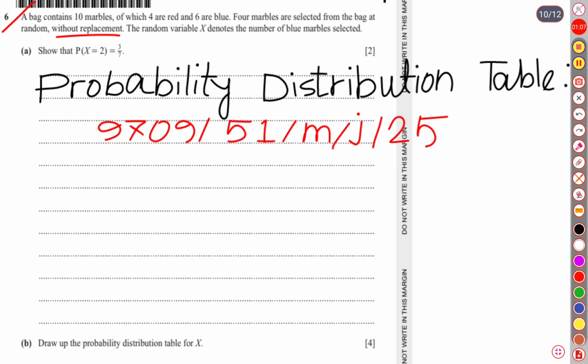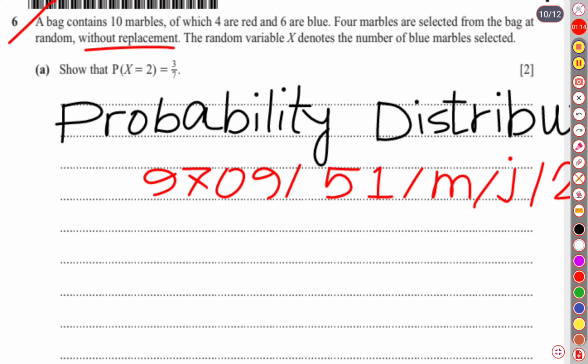First of all, we will write our possible outcomes. So when X equals 2, it means 2 blue marbles are picked up. Let's see what the possible cases are. Suppose the first one was blue.